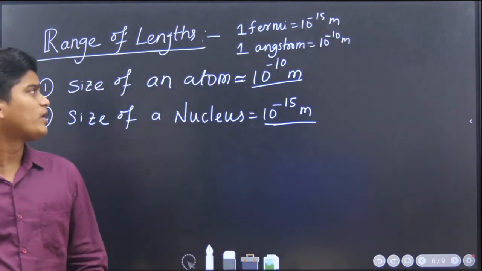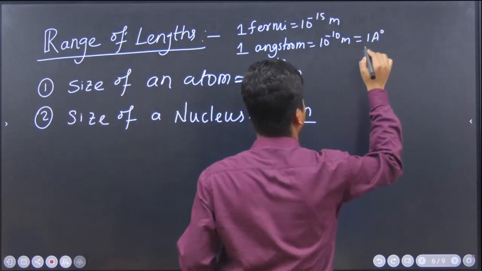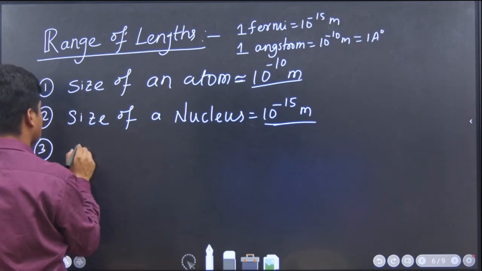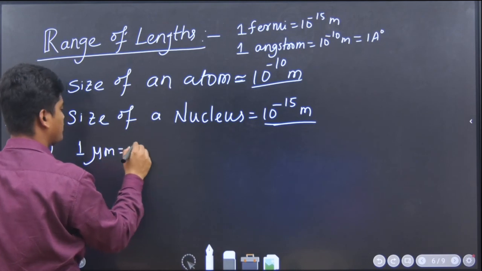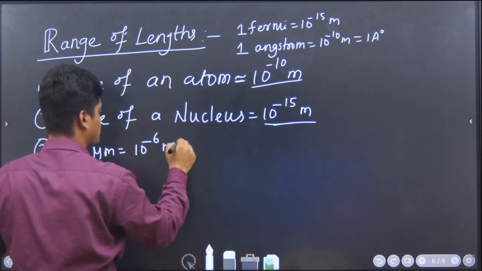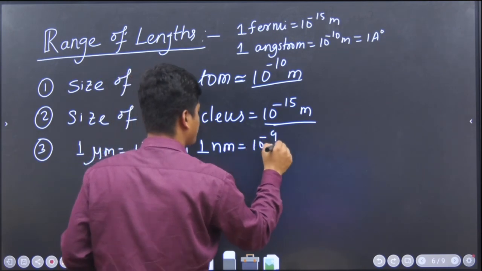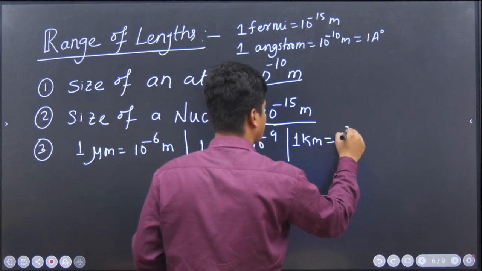Okay. So, 1 angstrom you can write in a symbol, that is 10 to the power minus 10 meter. Suppose you want to find 1 micrometer, okay, this is called micrometer, 10 to the power minus 6 meter. 1 nanometer is 10 to the power minus 9 meter. Kilometer is 10 to the power 3 meter.